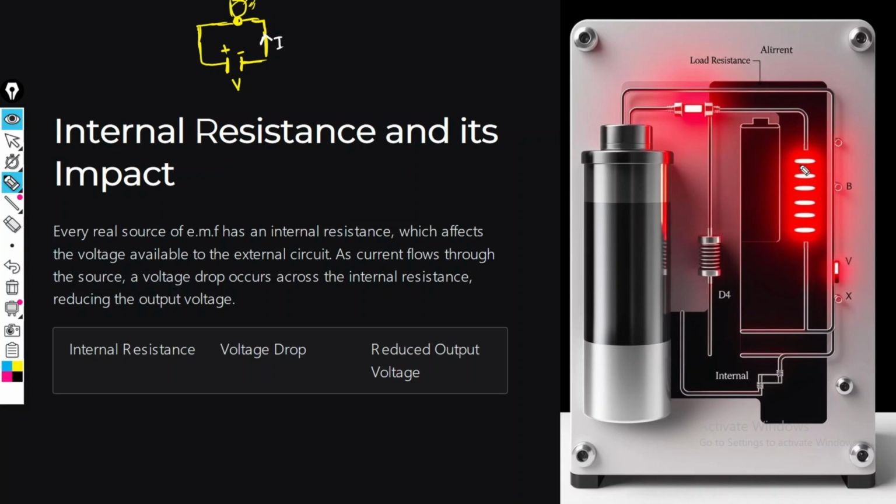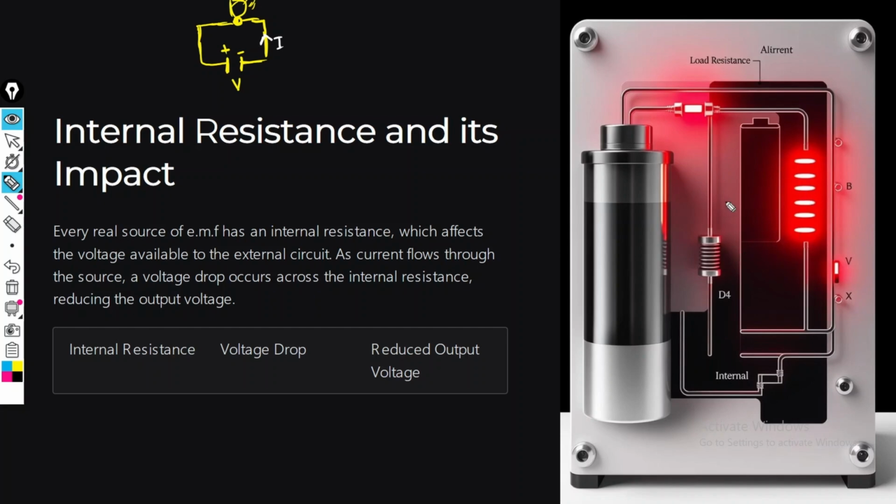That loss of internal voltage inside the battery is due to the resistance between the electrolytes and these electrodes. That resistance occurring inside the battery is called the internal resistance of the battery.